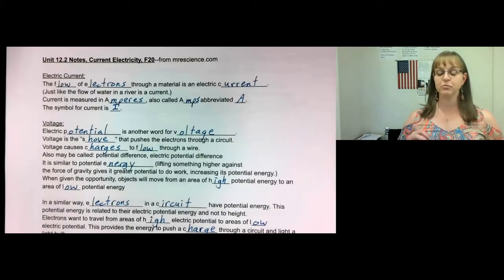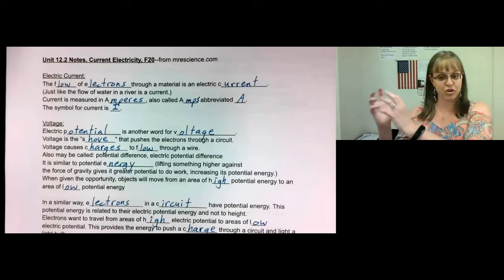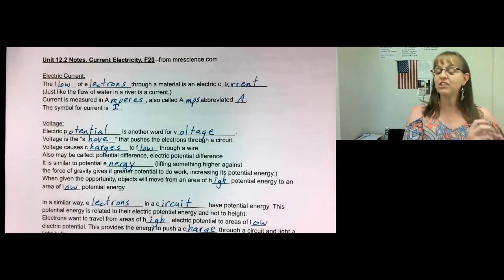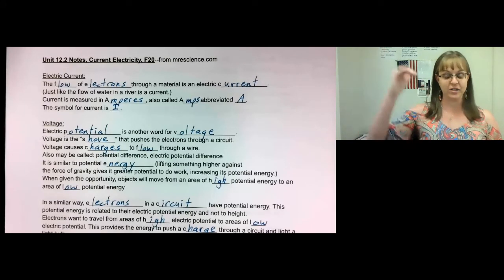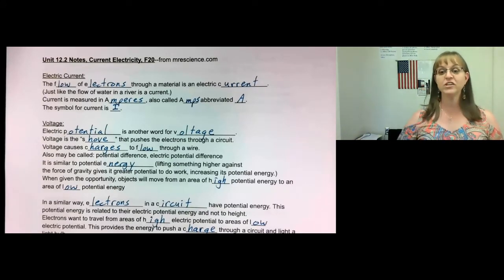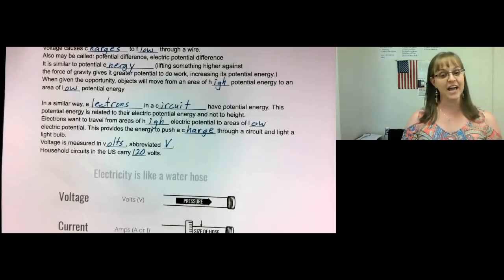So electrons move from an area of high electrical potential energy to an area of low electrical potential energy, just like heat moves from hot to cold, and wind moves from high pressure to low pressure. Same with voltage, high potential energy to low potential energy, always high to low. And this provides the energy to push the electrons through the circuit and light a light bulb.